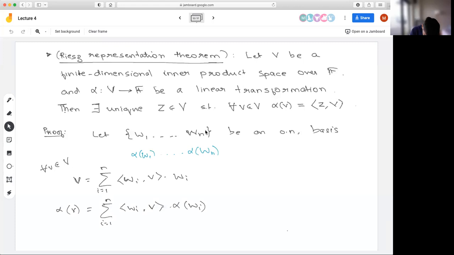Okay. And now it's just a matter of collecting things inside, using the linearity of the inner product in the first coordinate, or the anti-linearity rather. And this is what we will just call the vector Z.